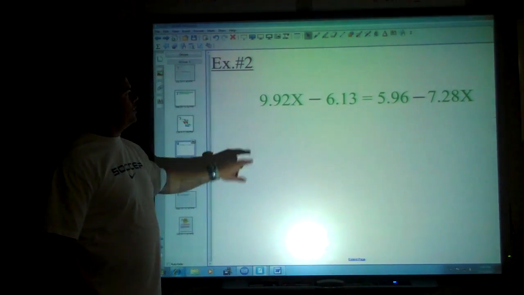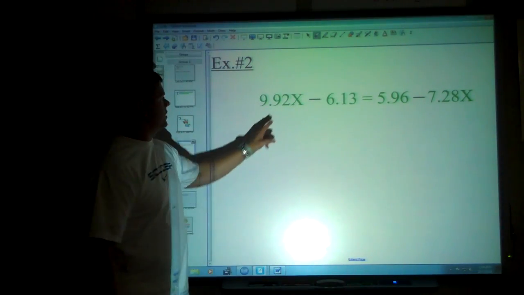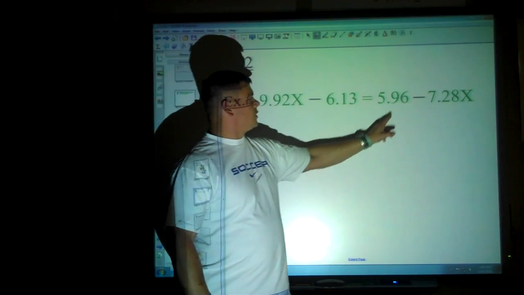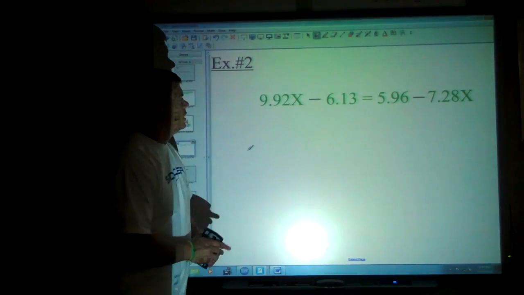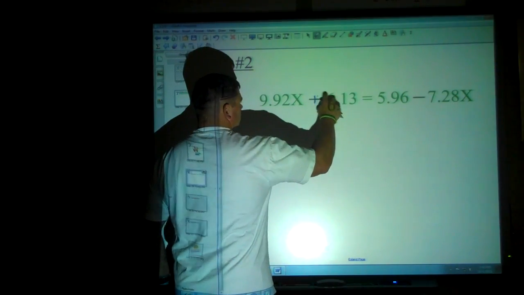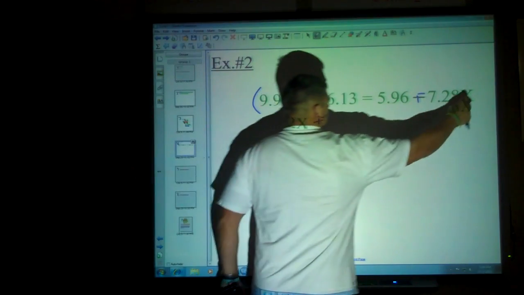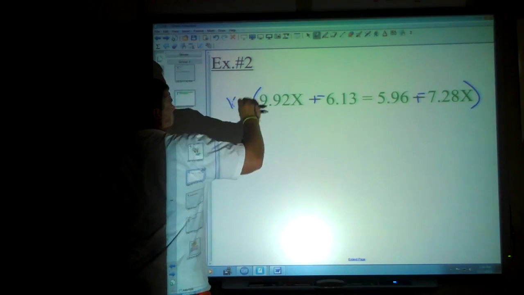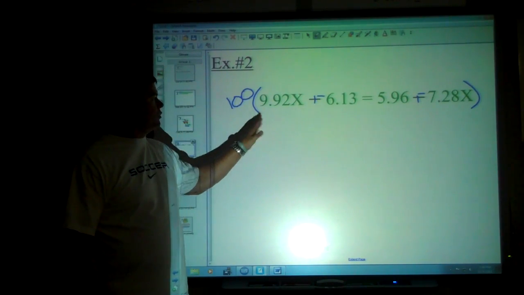Alright, another situation. Now I'm going to give you a little trick in this one. Because this problem has hundredths, if you don't want to deal with the decimals, after you've changed this to plus the opposite, you can take the entire problem and multiply it by 100. When we multiply by 10, the decimal moves one place to the right.